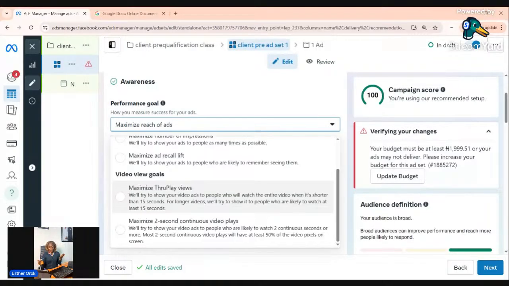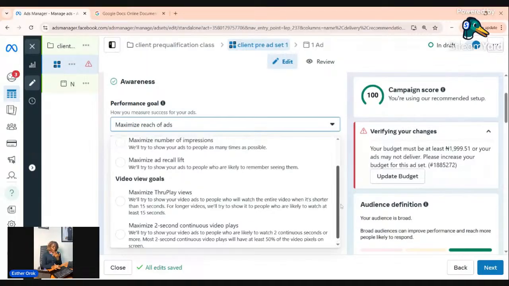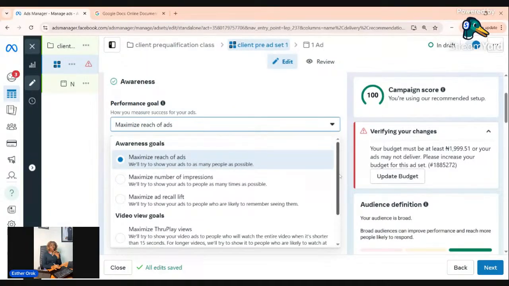And of course, if you're selling real estate, most of the time your videos are going to be between 30 seconds and 90 seconds. And then the second one is maximize 2-second continuous play videos. I do not even advise the second one because many times they are usually more profitable for animated videos.